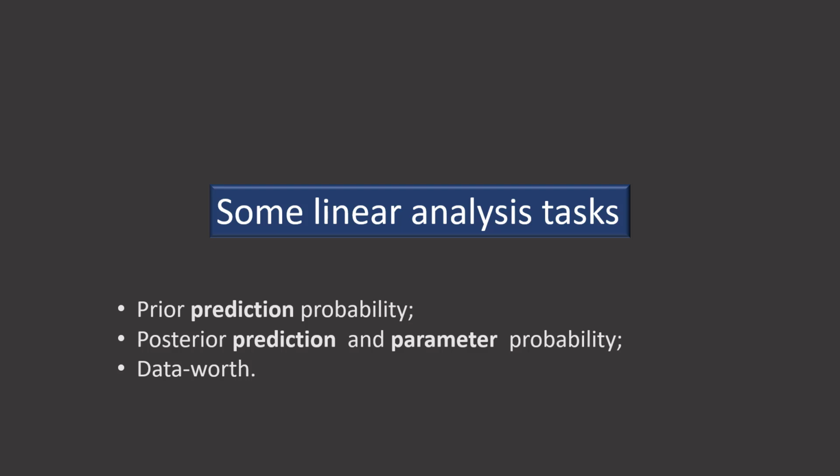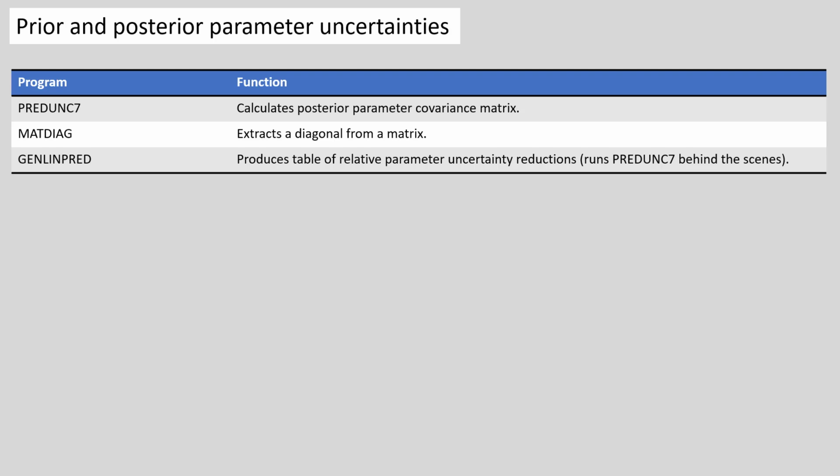So as I've said before, linear analysis tasks in general aim to assess prior prediction probability, posterior prediction and parameter probability, as well as assess data worth. To assess prior and posterior parameter uncertainties, we use the predunc7 utility.